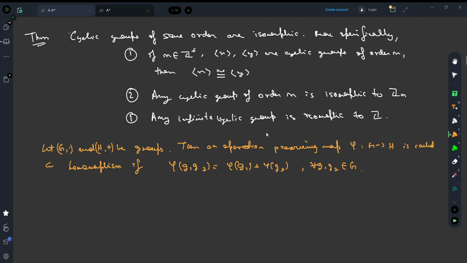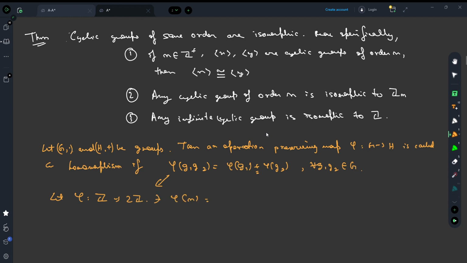It's very easy to observe. Since g1 and g2 are elements from capital G, they are composed using the multiplication operation. But phi of g1 and phi of g2 are elements from H, so they are composed using the additive operation. Typically, if I consider them to be multiplicative groups, then we can state it as phi of g1 g2 is equal to phi of g1 dot phi of g2, nothing else. So this is called a homomorphism.